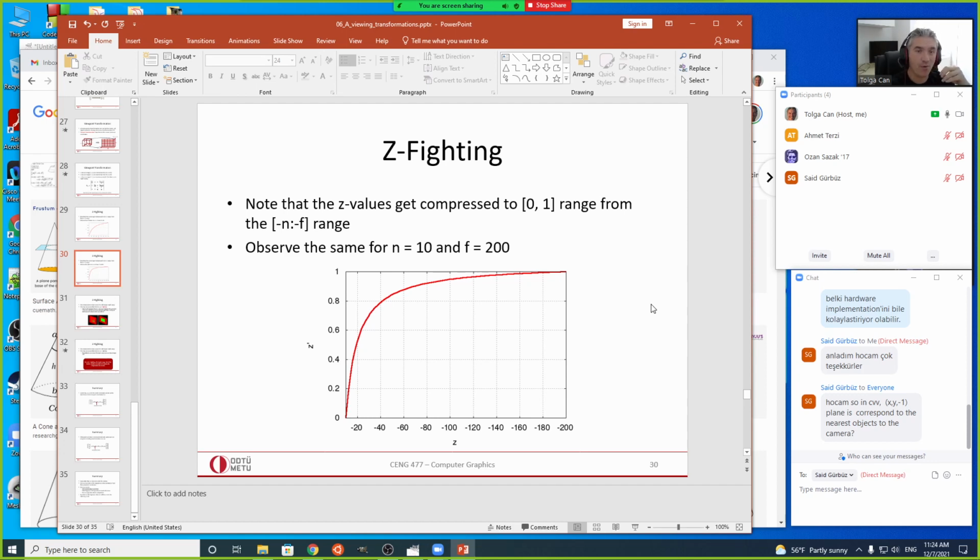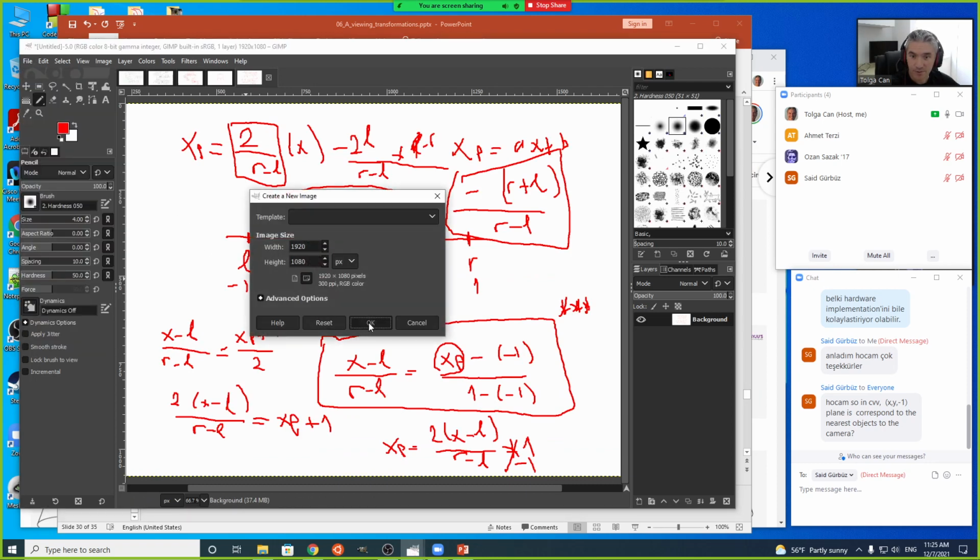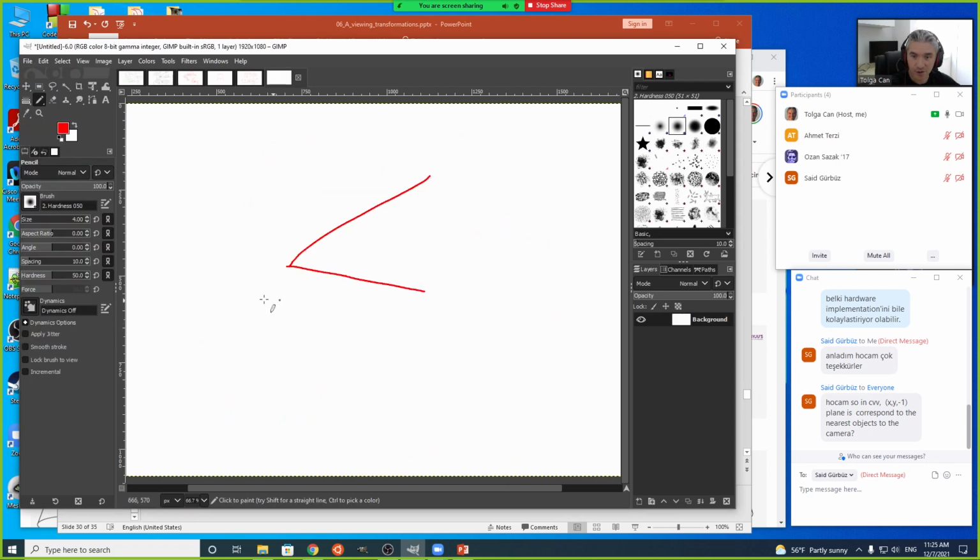Although the focal point in perspective projection, for example, is going to be something like this. If this is your eye point, the focal point, and this is where the near plane is, in the canonical view volume this is at z is equal to minus 1. So the closest objects that we can see will be exactly at z is equal to minus 1.